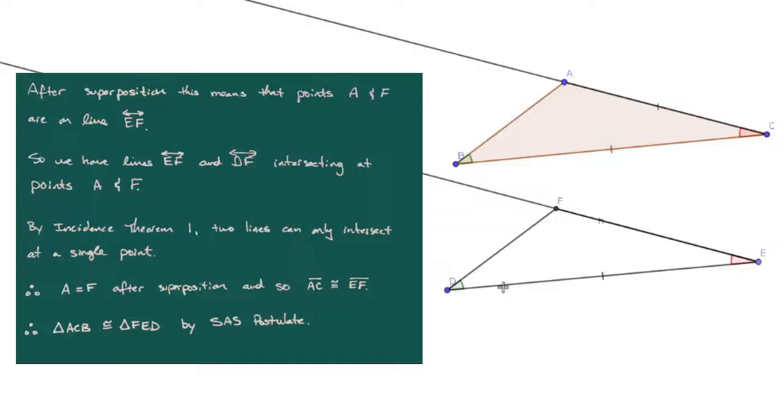And so we have that our triangle ACB is actually going to be congruent to our triangle FED by our side-angle-side postulate.